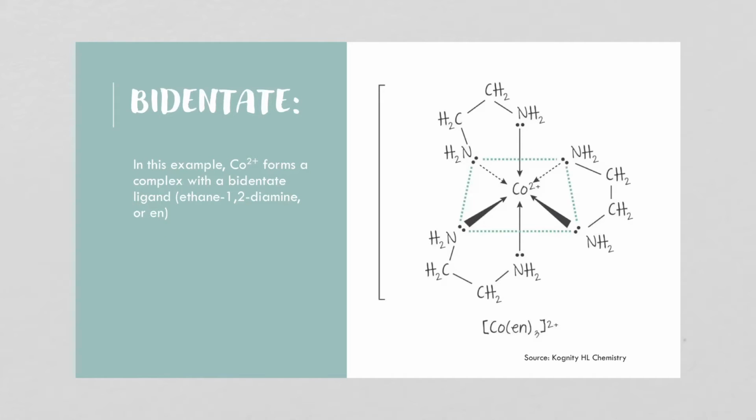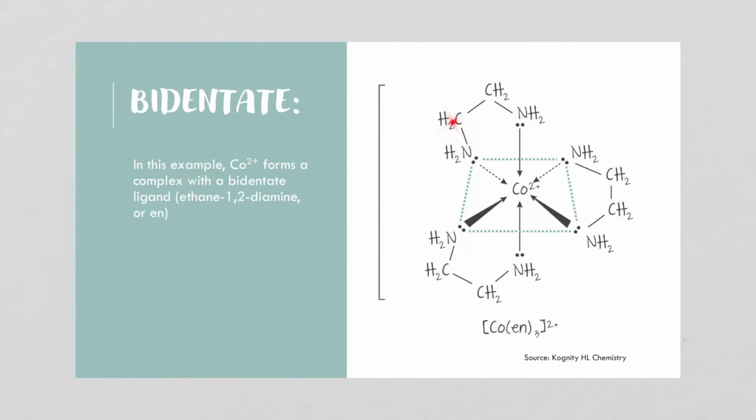A bidentate complex ion involves 2 pairs of electrons being shared each time. In this example, cobalt, which is also a 2+ ion, forms a complex with a bidentate ligand called ethane-1,2-diamine, or En for short. Each of these has 2 pairs of electrons.